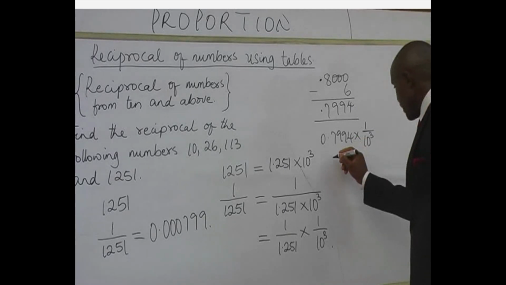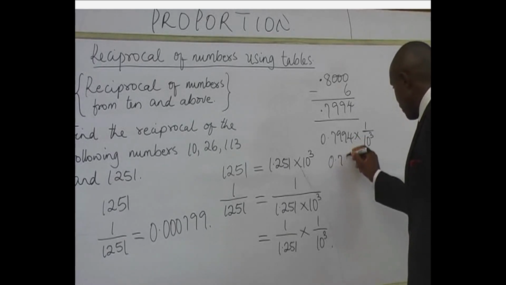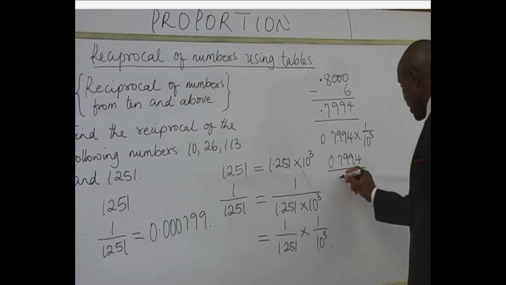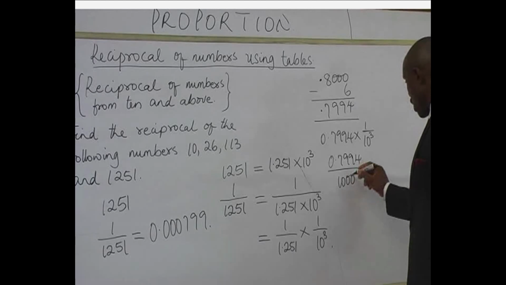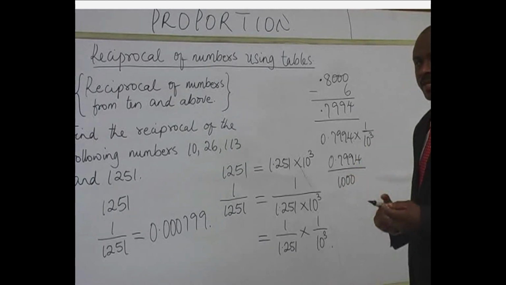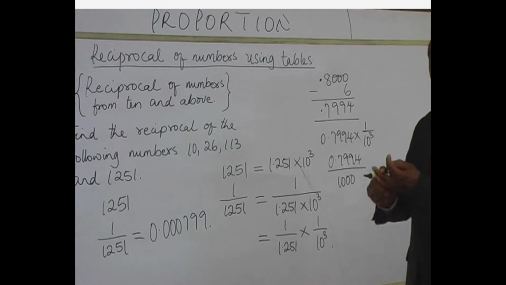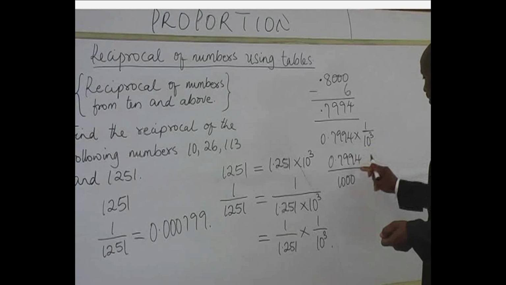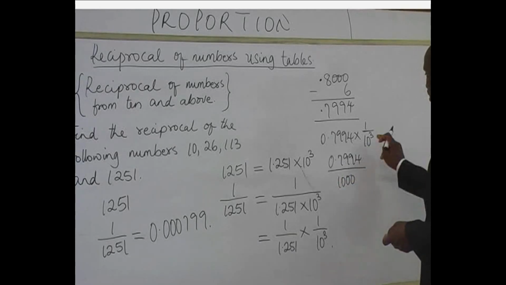What this means is 0.7994 divided by 1000. Because 10 exponent 3 means 10 times 10 times 10. 10 times 10 is 100. 100 times 10 is 1000. That was why we now use 1000 to replace 10 exponent 3.